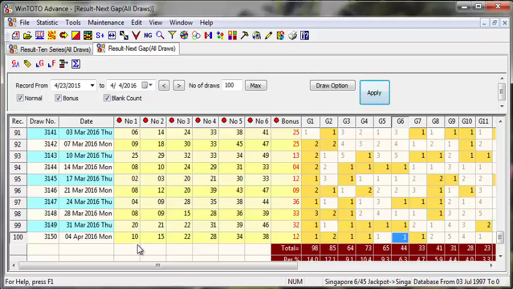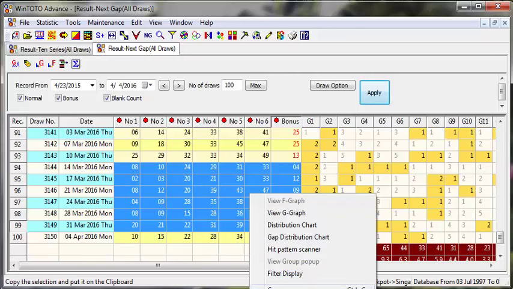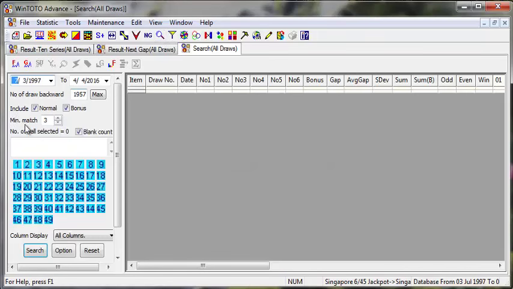So in other words, if before the 4th of April you were to take numbers from 31st March, 28th March, 24th March, 21st March, 17th March, all these numbers here, you would definitely see 6 winning numbers in the 4th of April draw.